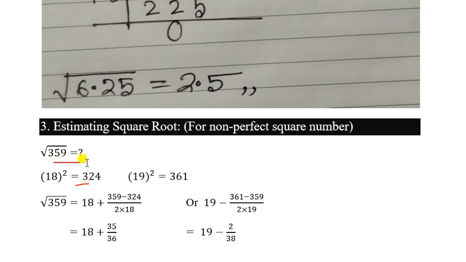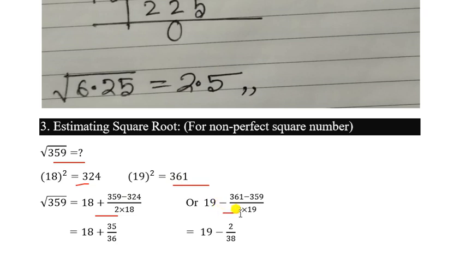So when you go to 359 from 18 squared, you have to add some number, so you use the positive sign. When you come down from 361 to 359, you have to subtract some number, so you use the minus symbol, nothing else.